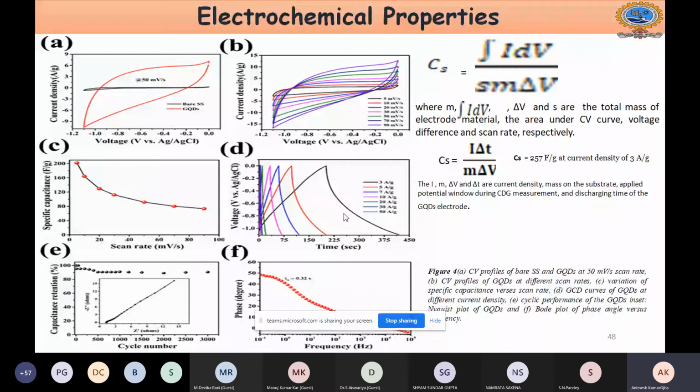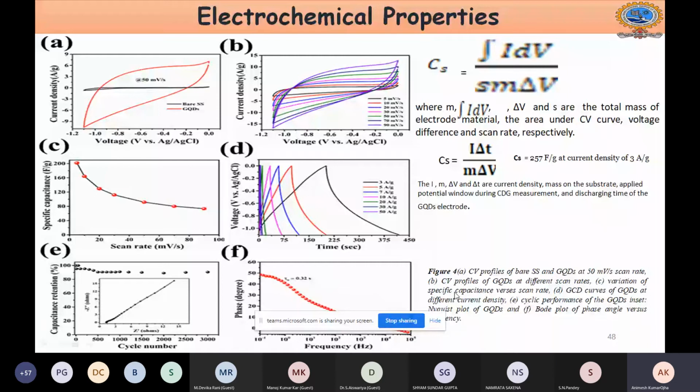The specific capacitance value of the graphene quantum dots based electrode material is calculated at different scan rates, and at 3 ampere per gram the specific capacitance is calculated to be 257 farad per gram.